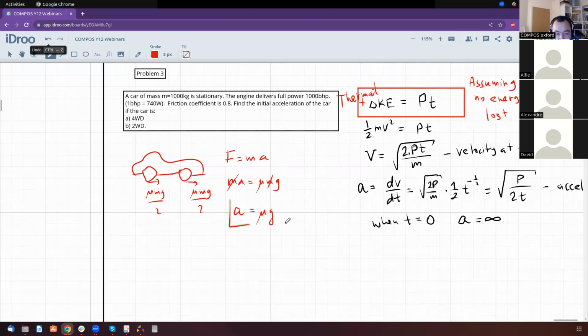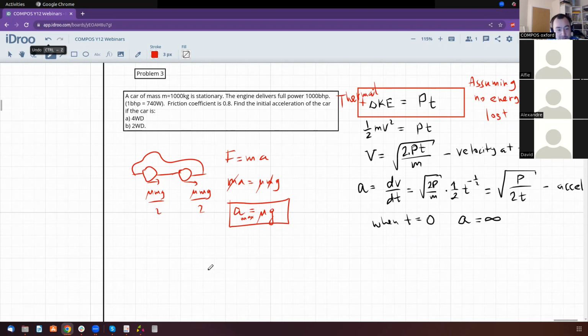And this is the maximum acceleration of any car except for the rocket cars. So there are cars with rockets installed. If it's a wheel-driven car, this is the top acceleration of any car, max. This is when the wheels spin, and this is the maximum acceleration the engine can produce.